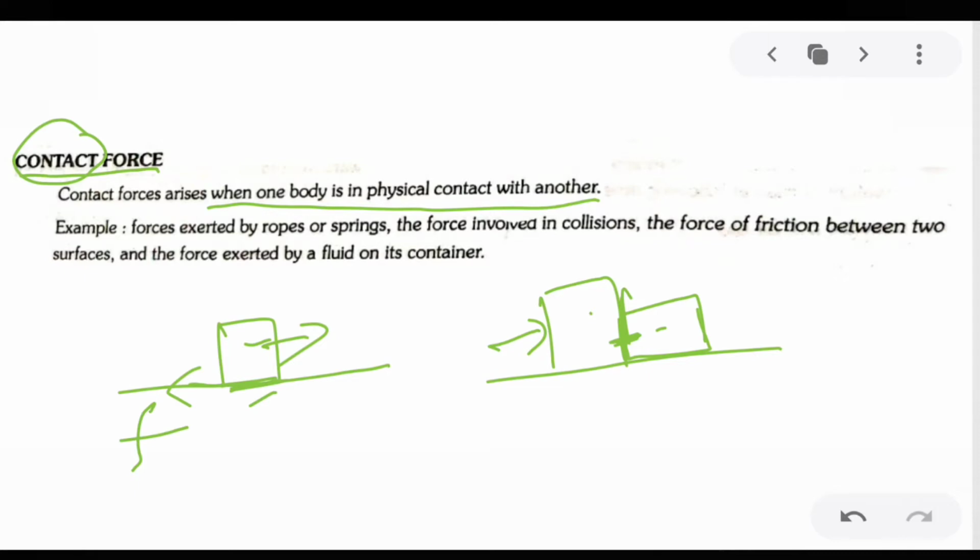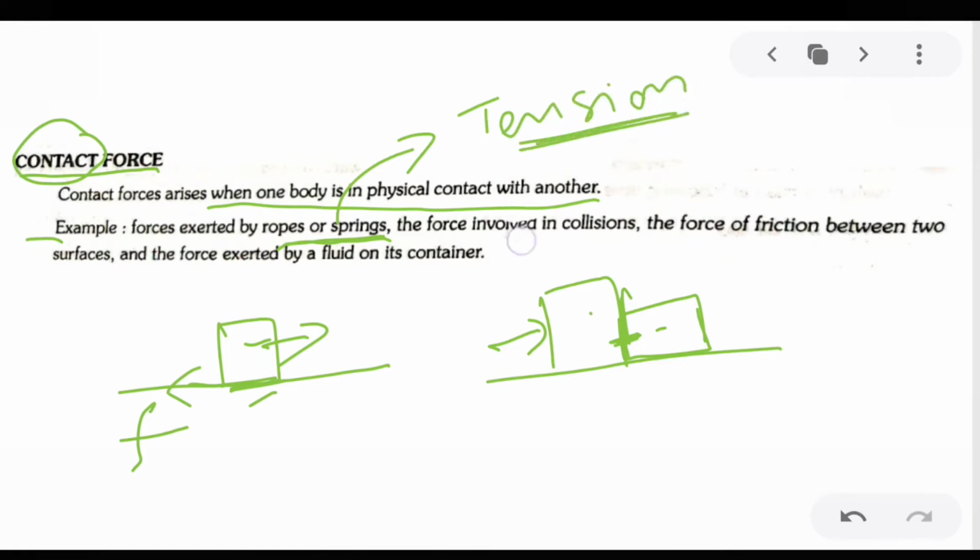Examples of contact force are the force exerted by ropes or strings. We will discuss these cases also. Those forces which arise in ropes or strings are called tension. We will discuss this also.